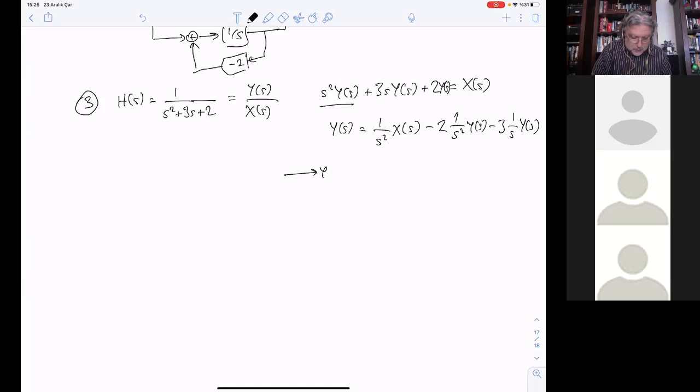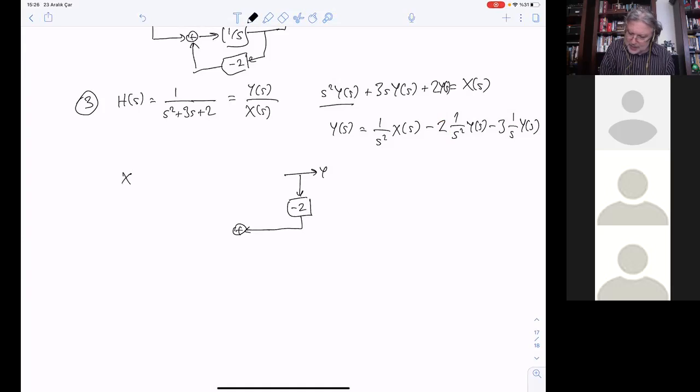Now I have to multiply y of s by minus 2, and I will have to accumulate this. So it will be added to what? Now that's a question. That's the difficult thing that I'm trying to do here.